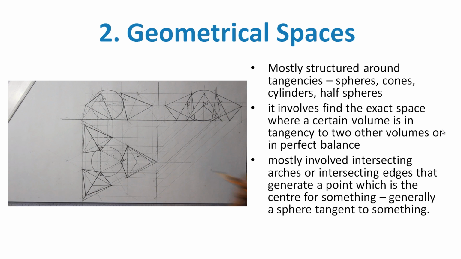Tangency is just a fancy way of saying that the volumes touch in a specific point, right? So you see a sphere which is tangent to 3 tetrahedra, and in theory these tetrahedra stay in perfect balance, right?